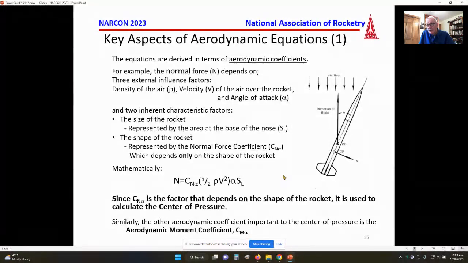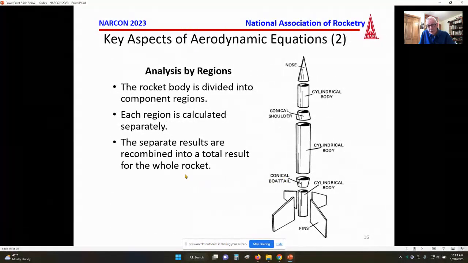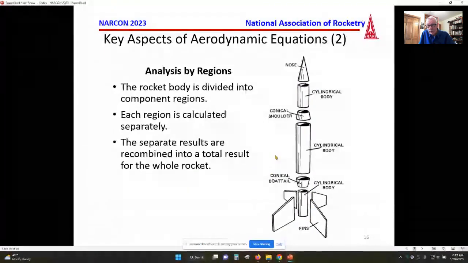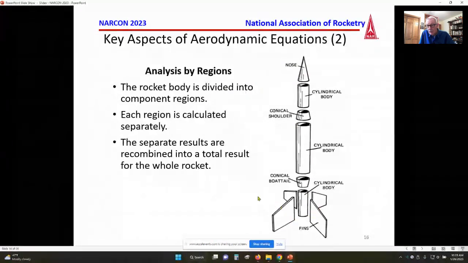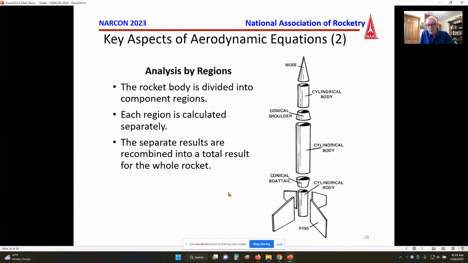So the second thing is, of course, fortunately, because we're in a relatively linear region of activity, and that again comes back to the assumption of less than 10 degrees of angle of attack, that the rocket body can be divided into all its component regions, different shapes and what have you, as you can see to the right side there.